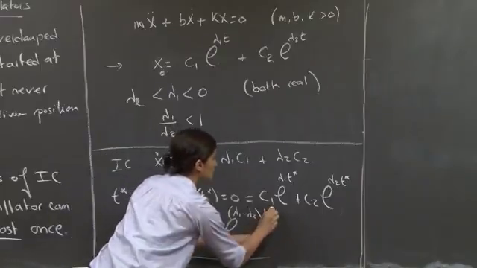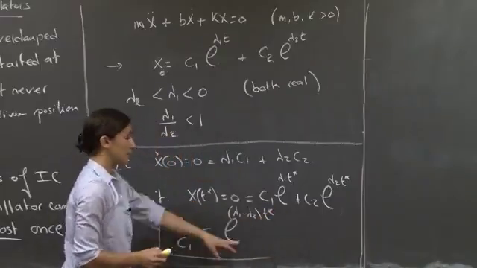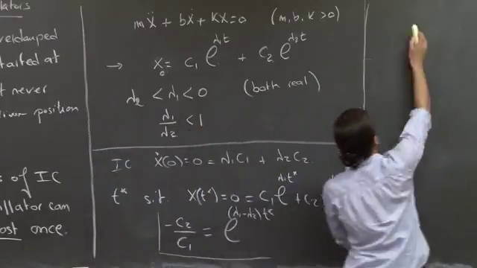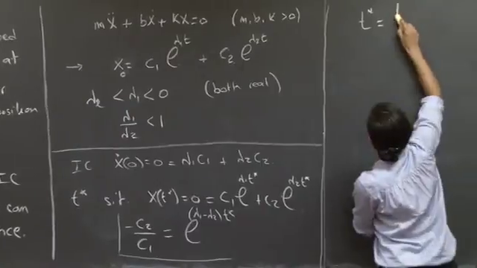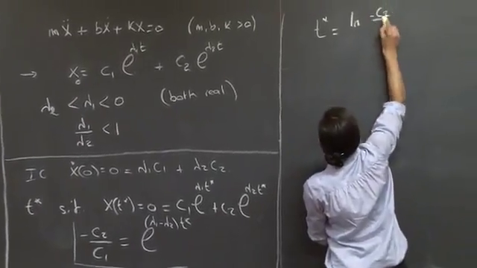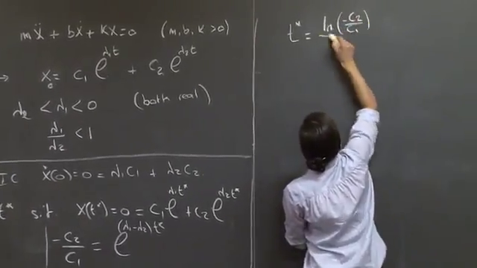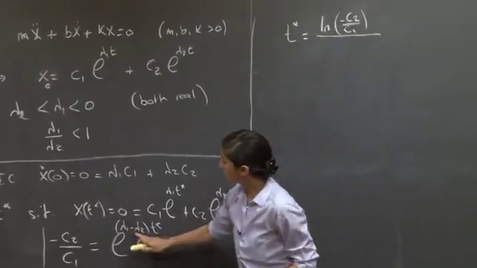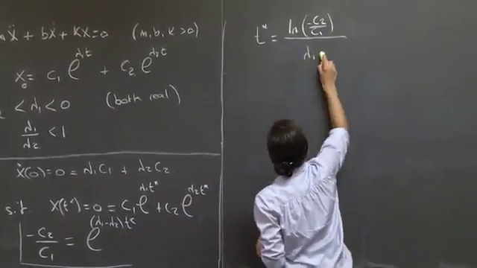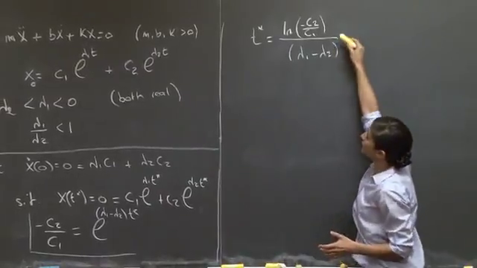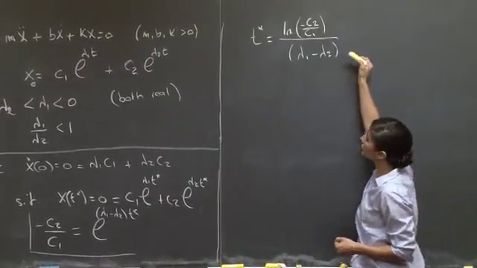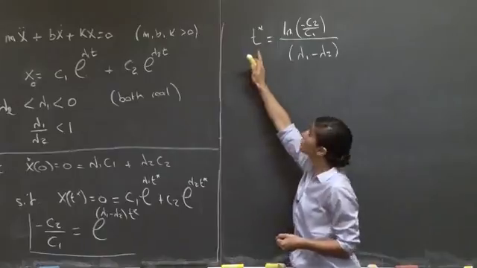So now let's find our t star by applying the log of both sides of this equation. So we get t star equals the log of minus C2 over C1, and we divide by lambda 1 minus lambda 2.